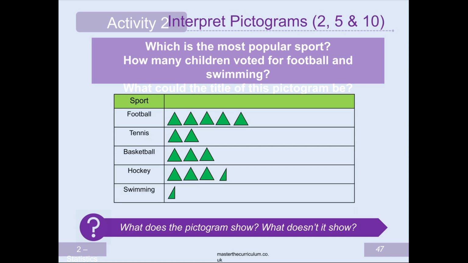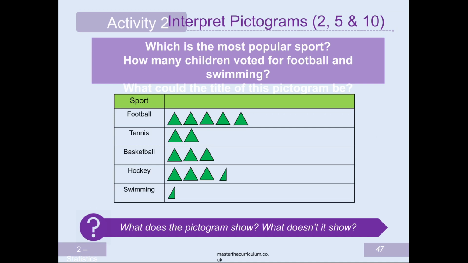Okay? Which is the most popular sport? You should know that really quickly, even without counting. It's football, of course. Football has the most triangles. How many children voted for football and swimming? If we think that a triangle represents 2, let's count in 2s.